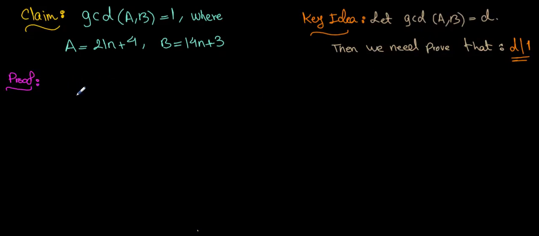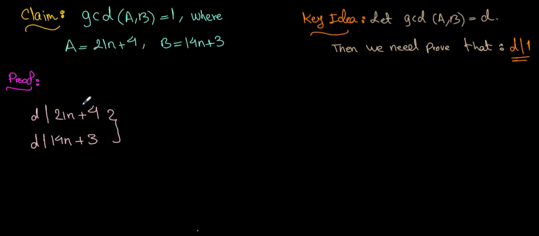So it means d divides a, I mean 21 times n plus 4. Also, because d is a divisor of b, d divides 14n plus 3. Right now, based on the rules of divisibility, we need to cancel the coefficient of n.